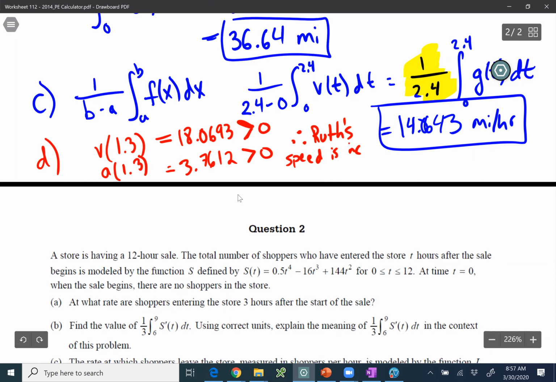It's important to say at time equals 1.3 hours, because when it is increasing is very important. And I'm just going to say because V of 1.3 and A of 1.3 had the same sign, and we showed that with our work.